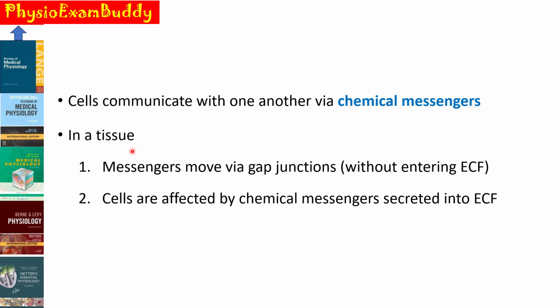And in a tissue, either the messengers can move via the gap junctions without entering the extracellular fluid, or the cells can also be affected by chemical messengers secreted into the extracellular fluid.